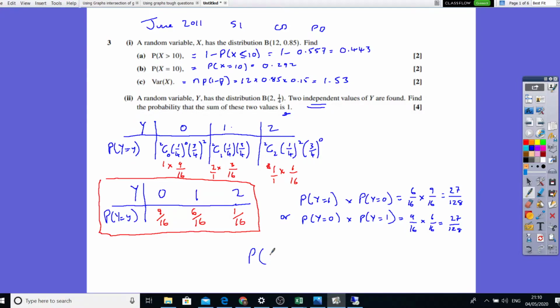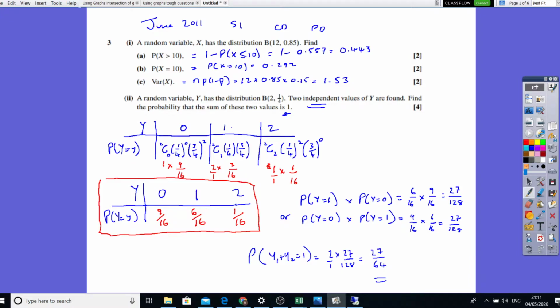So y first go plus second go equals 1 is just going to be 2 times 27 over 128. I'm just going to cancel these down, which will give me 27 over 64. Okay, so we can just leave that like that.